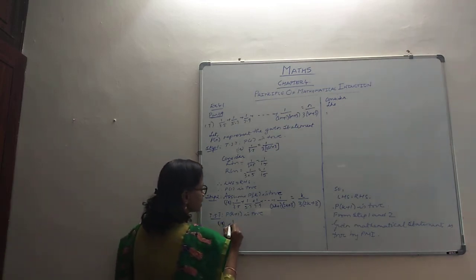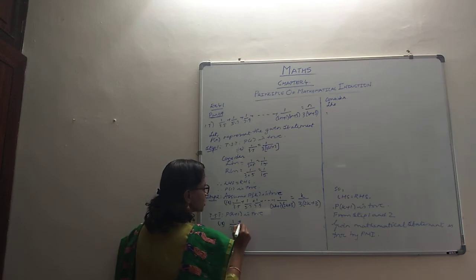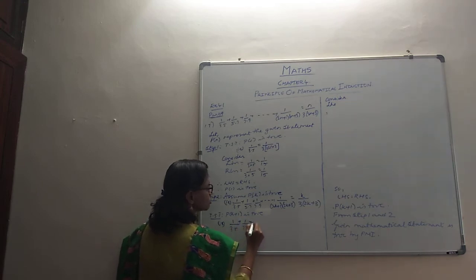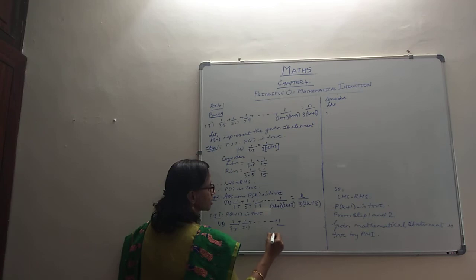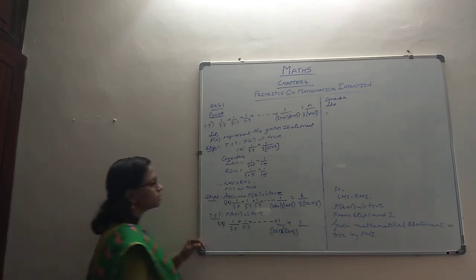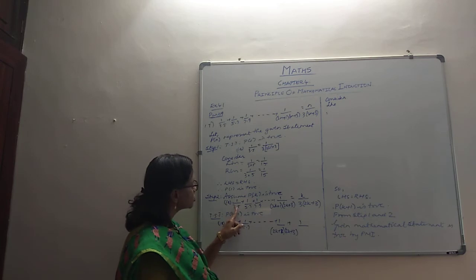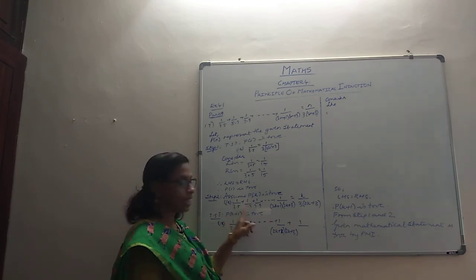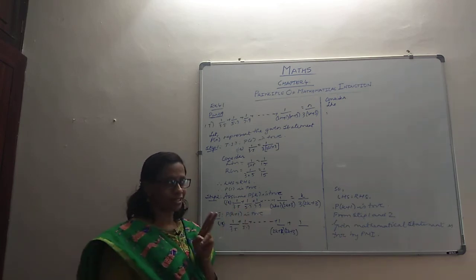As we said in the previous question, we will be using our observation to construct the terms. So let's see how we can use our observation to construct this. This is the kth term. Let's see what the (k plus 1)th term is. Look over here, 3 into 5, so 5 comes here, and between these two there's a difference of 2.